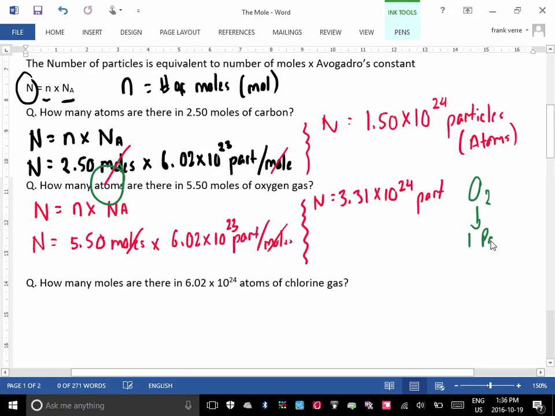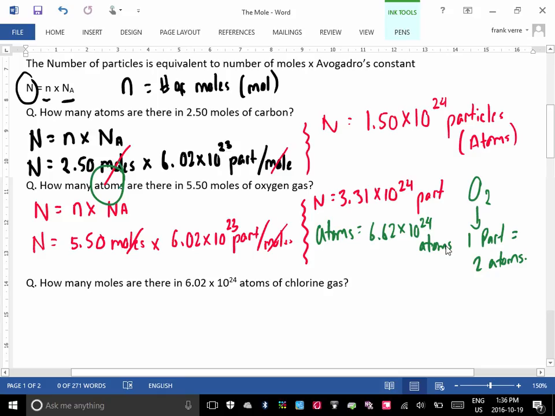One particle is two atoms. So in other words, we have 3.31 times 10 to the 24 particles, but we have double, 6.62 times 10 to the 24 atoms.